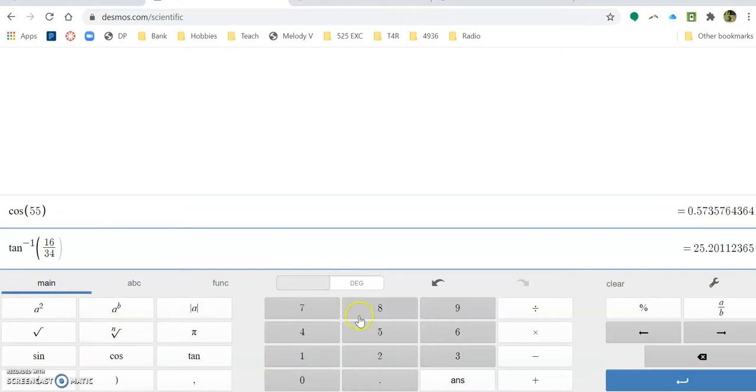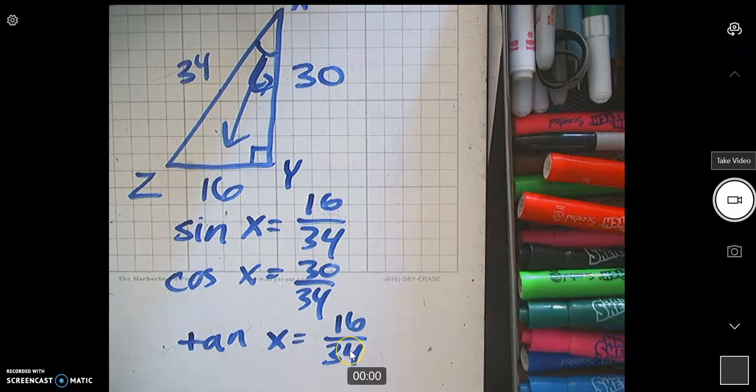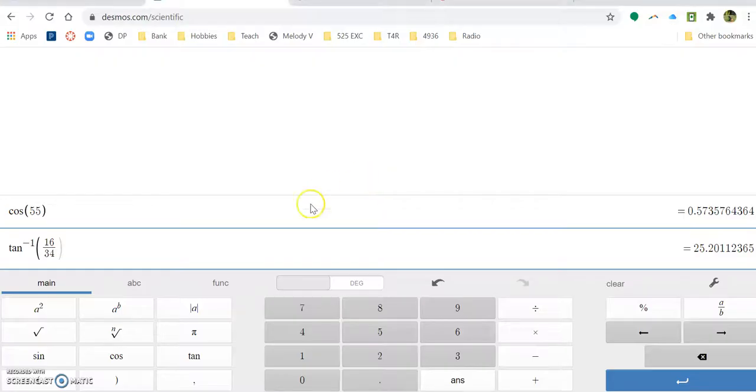Oh, I have 34 in the bottom. That's a mistake. I caught myself. This should be a 30, because adjacent is 30. So I know it was wrong. Let's change that 34 to a 30 and we should get the same answer. Now we have 28.07. Okay.